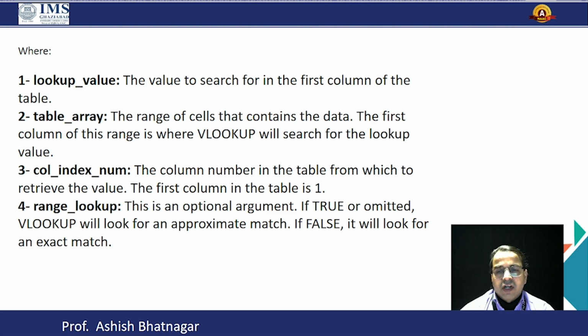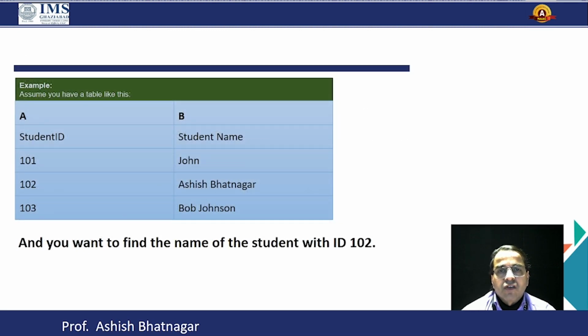Let us consider an example. Take one basic small database where column A and column B hold two data fields: the student ID and the student name, with records like 101, 102, 103 and student names like John, Ashish Bhatnagar, Bob Johnson.